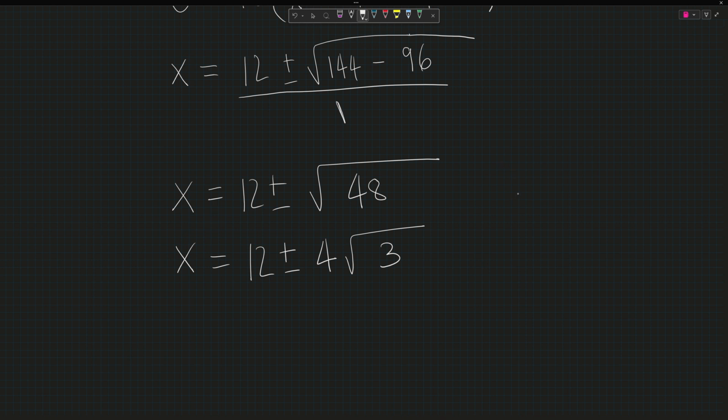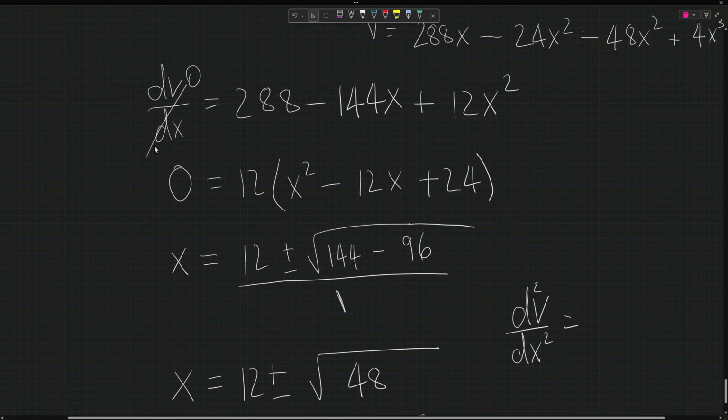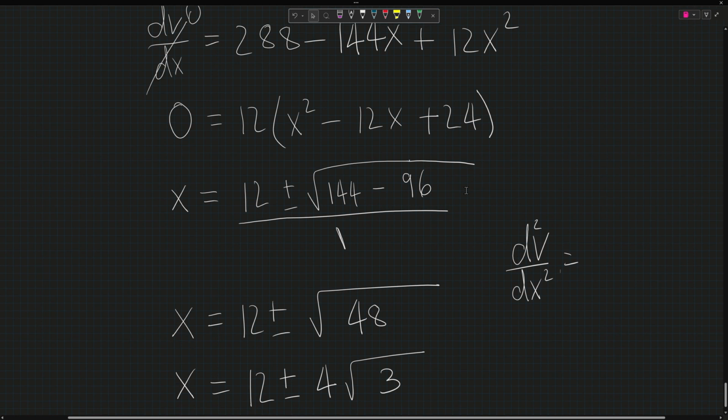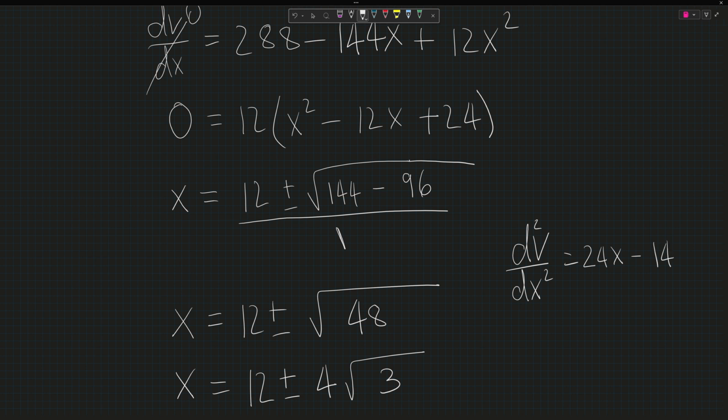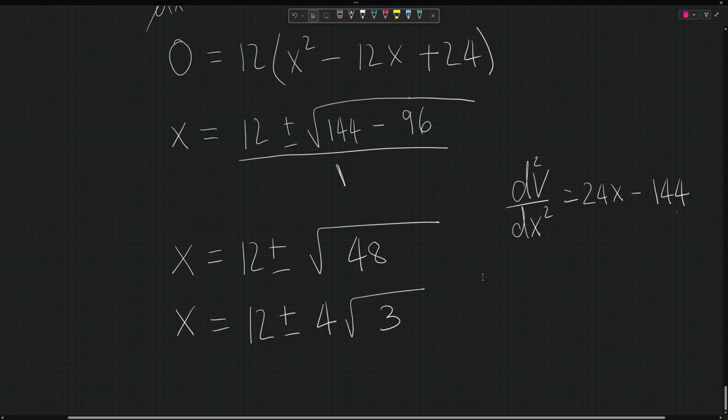Well, that's where our next derivative comes in. The second derivative, d squared V over dx squared, equals, okay, let's go up. Now we have to use the full quadratic. So that's going to be 24x minus 144. Now we have to plug in a number.